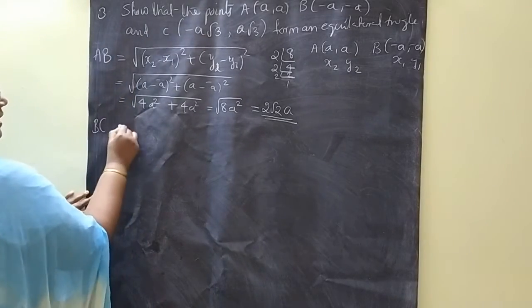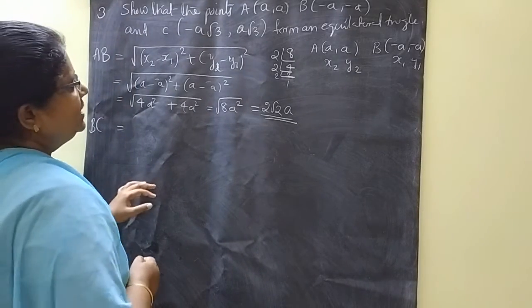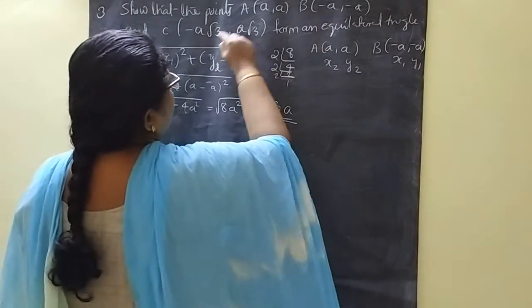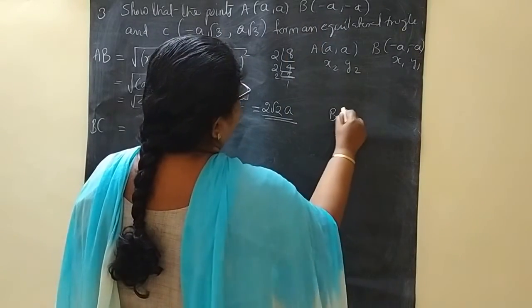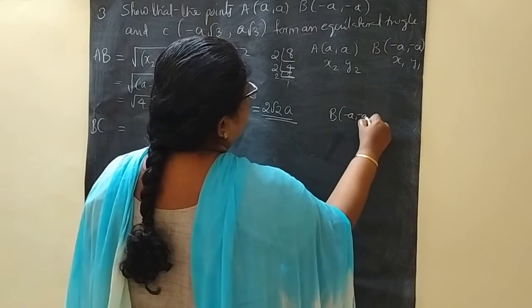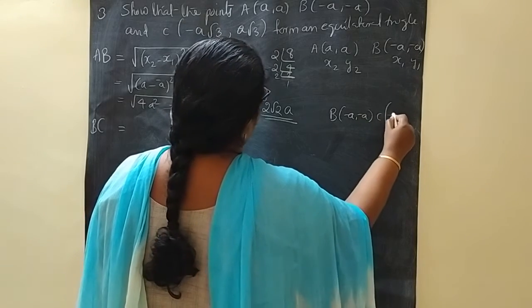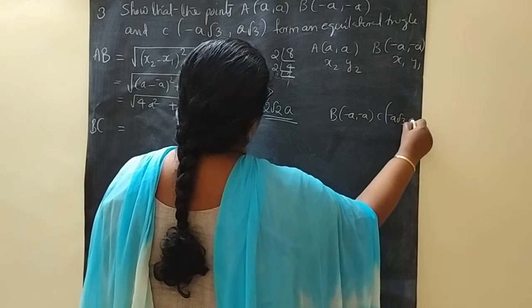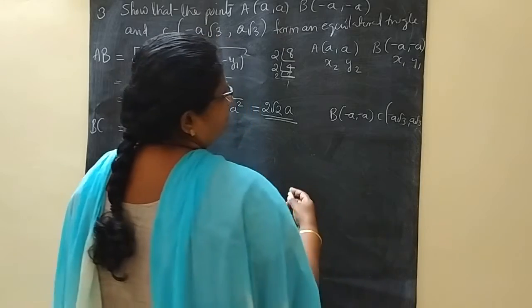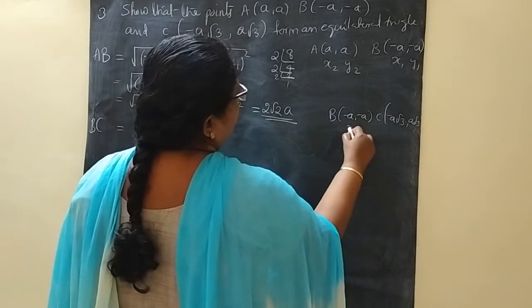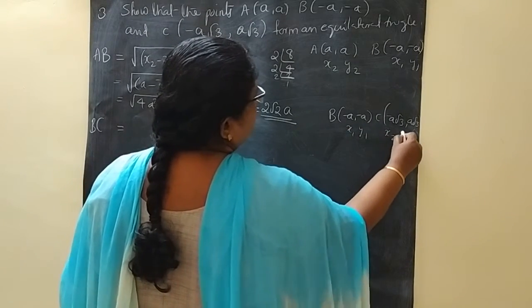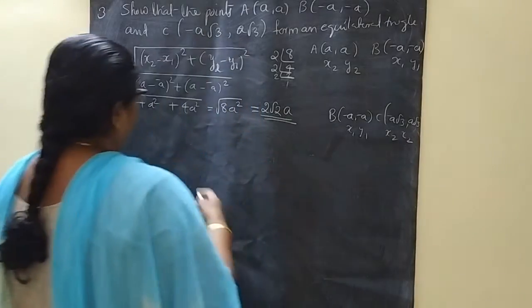Now we are taking BC. BC vertices, these two: B, minus A and C, minus A root 3, A root 3. So this one x1, y1, this one x2, y2.